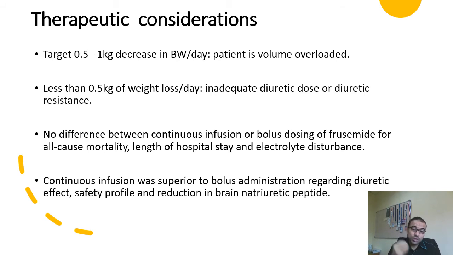But it is also important to highlight that continuous infusion, in terms of the effectiveness of the diuretic, the safety profile, and the reduction in the pro-natriuretic peptide, was in favor of the continuous infusion. And that's why, if you notice back in the first part, when we talked about the second stage in treating acute heart failure, we highlighted the continuous infusion.